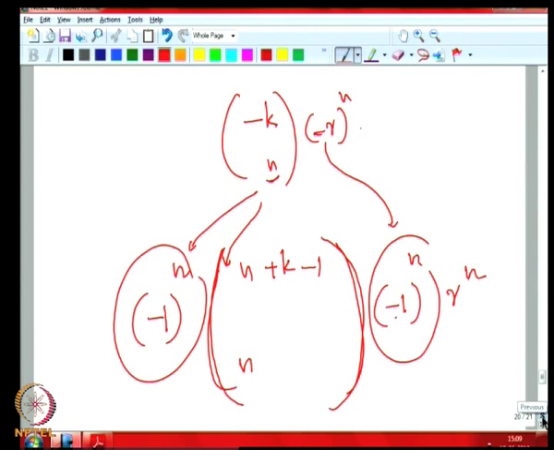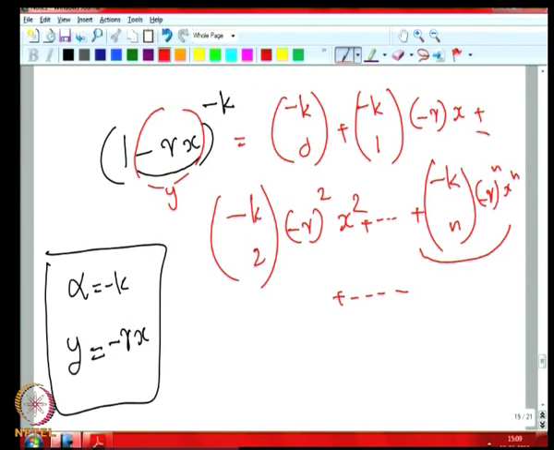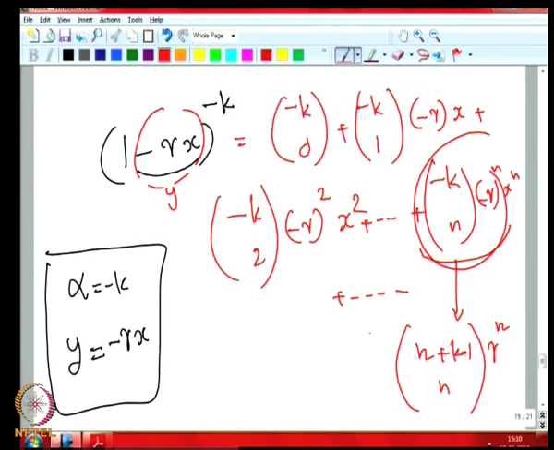General term means this term, n plus k minus 1 choose n into r raised to n, will become the general term here.